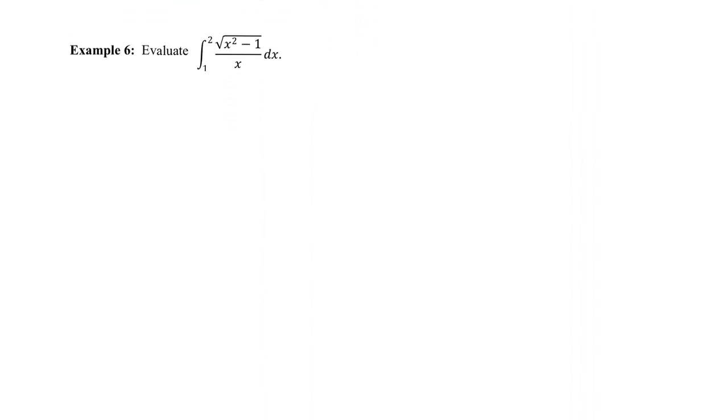Okay, so looking at this one, we first have to figure out which substitution we're going to use, and this is a variable squared minus the constant squared, which is a secant problem. So our substitution will be x equals secant theta, which means that dx equals secant theta tangent theta d theta.